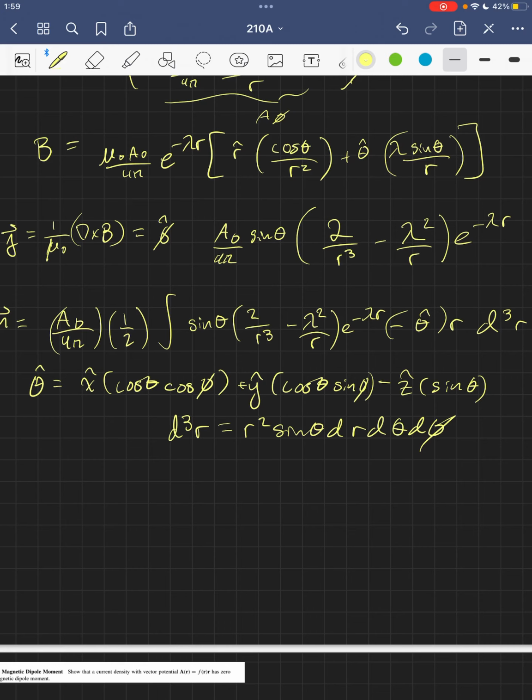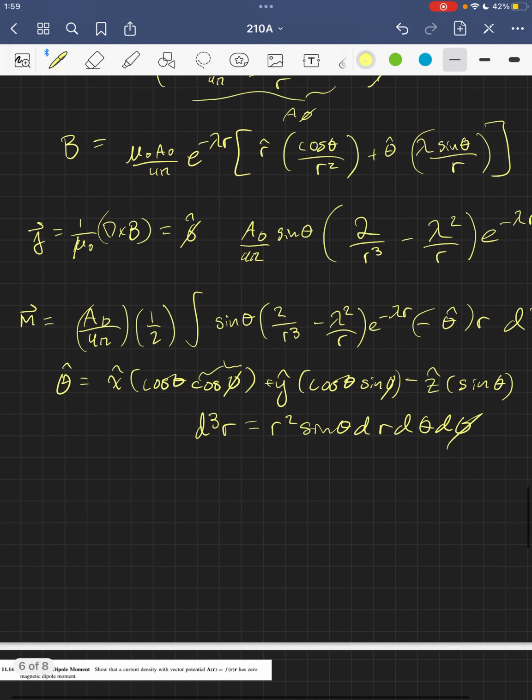Or you can think about the phi term, that's just as good, because actually it's better: the phi terms here are the only thing that depends on phi, and phi goes from 0 to 2 pi, so cosine integrated from 0 to 2 pi is going to vanish, right, in the y and the x. So all we're left with is the z hat direction. So the dipole will be negative z hat a naught over 8 pi.